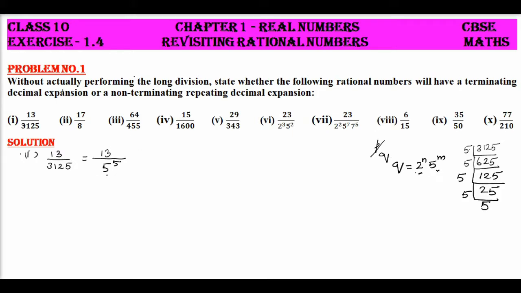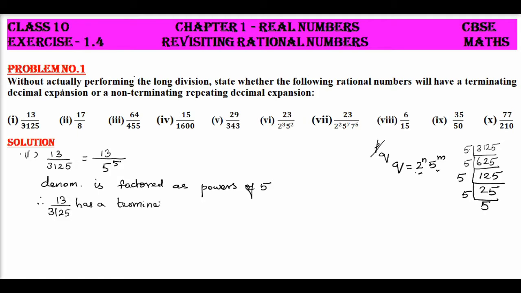So here the denominator is factored as powers of 5. Therefore, the given number is terminating decimal, that is 13 by 3125 has a terminating decimal expansion.